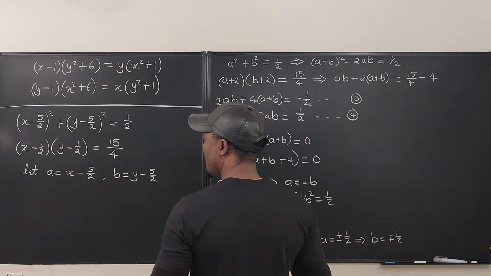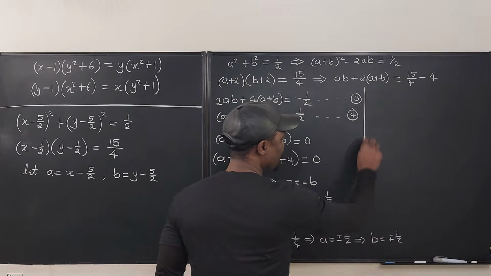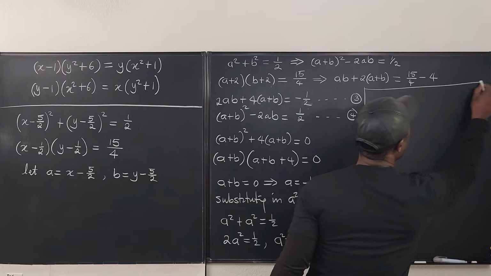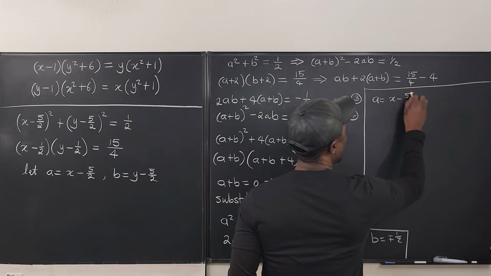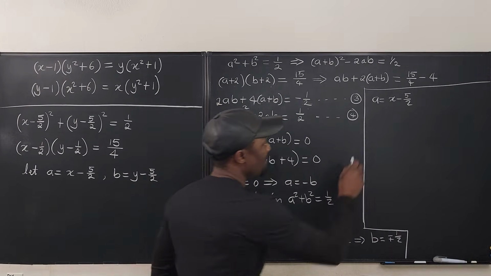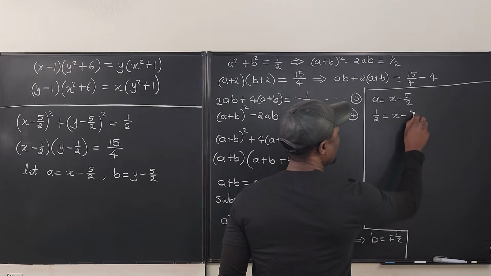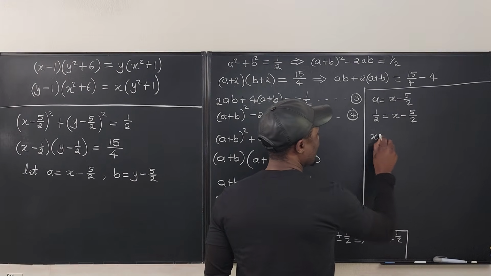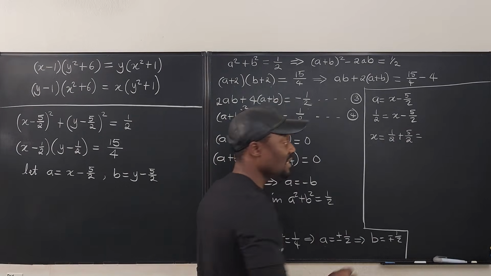Remember, what did we say A was? X minus 5 over 2, rather. Okay, so here we have A equals X minus 5 halves. And what did we say A was? Let's start with 1/2. If 1/2 equals x minus 5/2, then it means that x equals 1/2 plus 5/2, 6/2.